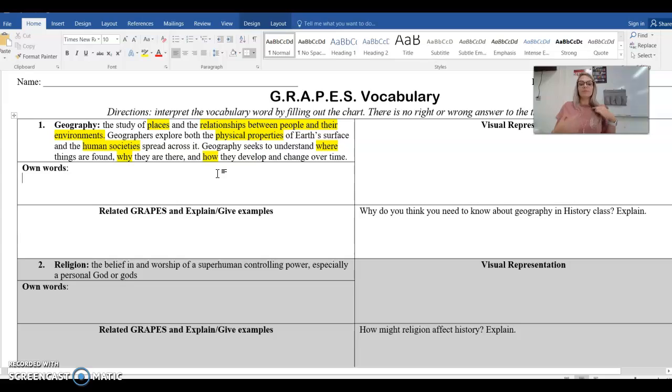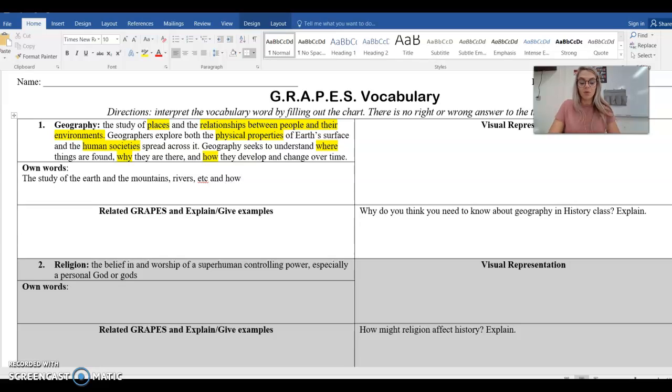So your next step, you've highlighted all of the key words that pop out to you in this definition. You're going to take those words that you've highlighted and write them in your own words. So you could be like, the study of the earth and the, like, mountains, because those are physical, and the mountains, rivers, etc. And so that means just like so on and so forth.